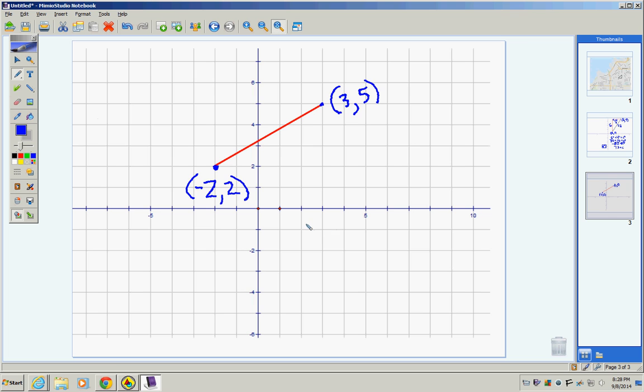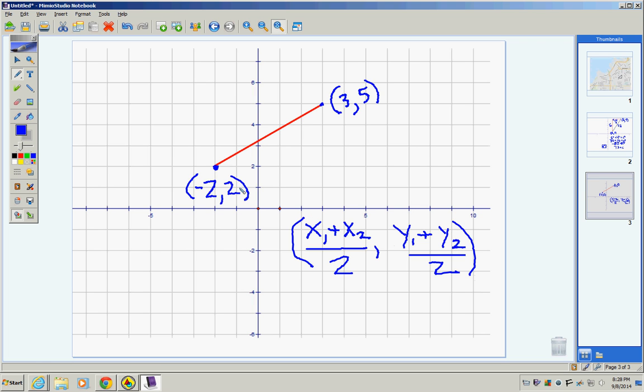This is the formula: x1 plus x2, and we're going to divide that by 2. All right, so you're taking the average of the x's. You do the same thing for the y's: y1 plus y2 over 2. That's going to give you the average of the y values.